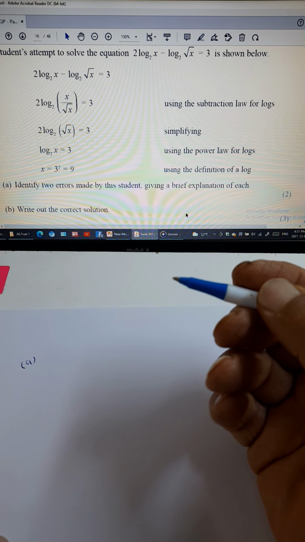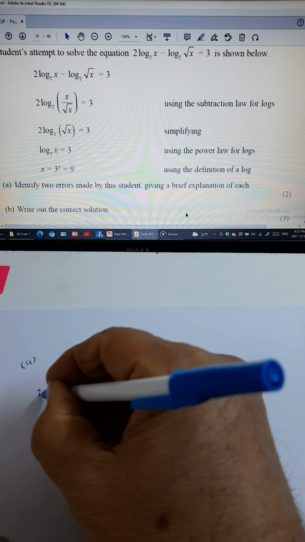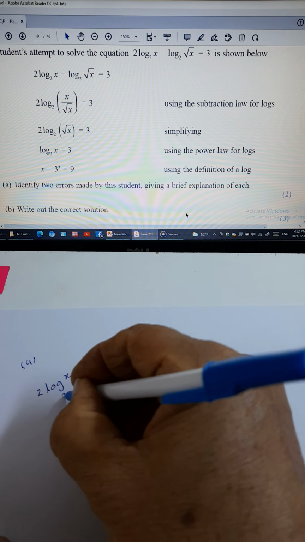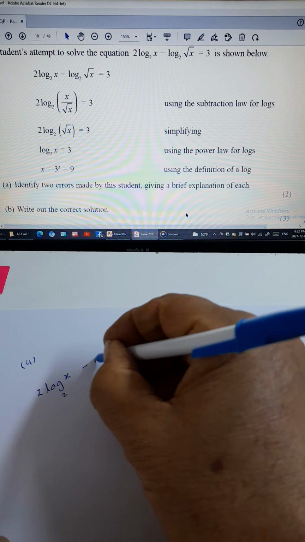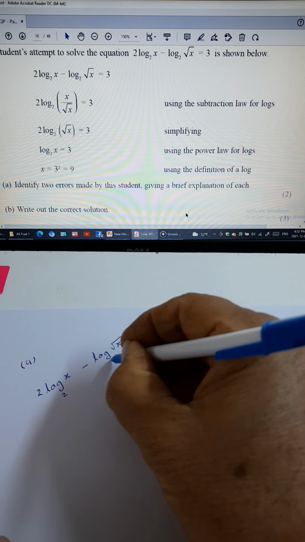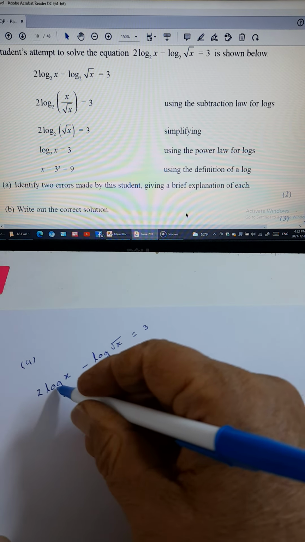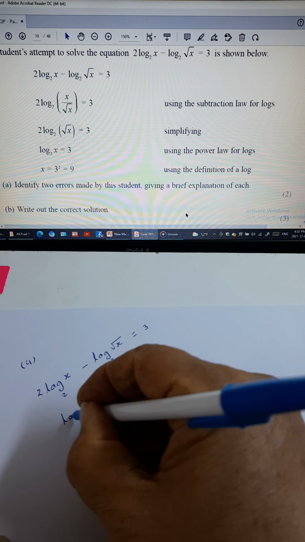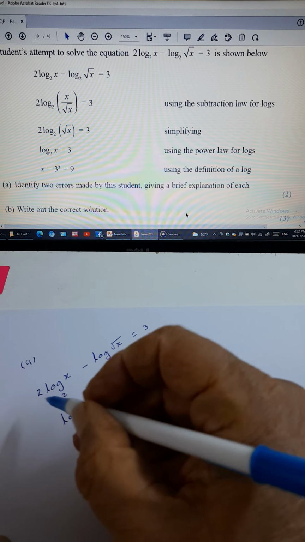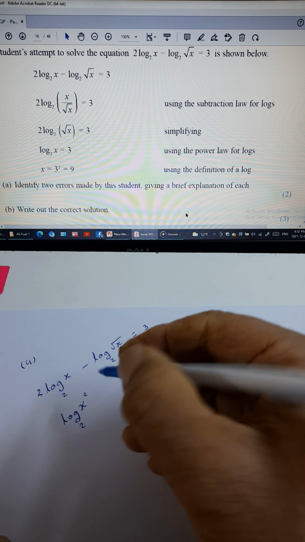The first step is not correct. There is an error because when we put 2 log of x to base 2 minus log of root x to base 2 equals 3, this 2 log x can be written as log x squared to base 2, since the factor can be put as a power for x.